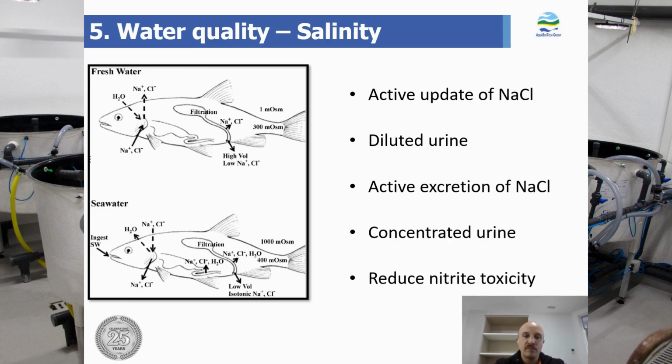And we have species like Atlantic salmon, which are tolerant to fresh water at the beginning of their life, and they become tolerant to seawater after a certain change in their body physiology and body composition. Now, salinity is impacting a lot of the physiological processes of a fish, but it is also impacting the water quality indirectly somehow. For example, it is reducing the nitrite toxicity.